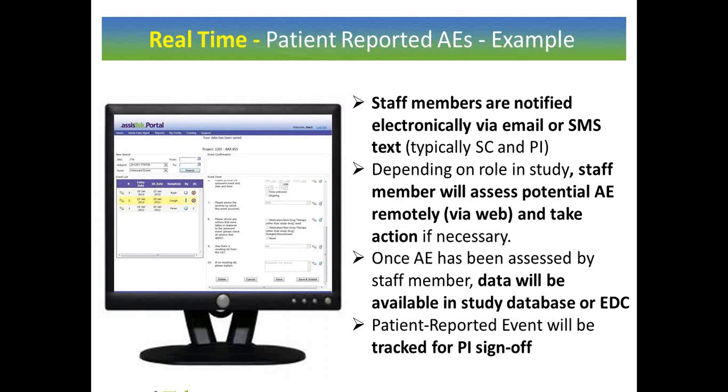The subject reported this untoward event, and so the clinician has to make the determination if that truly is an AE, or if it's an adverse event that already exists and is still ongoing. So the clinician would be able to go into a web portal and assess the data that the subject reported and make their own clinical observations.